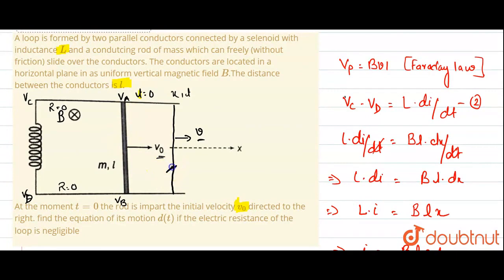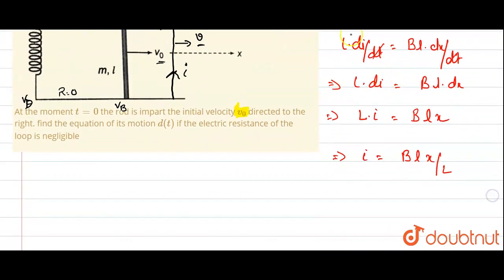Now class, just see this question. When a current i starts to flow in this rod, then a restoring magnetic force acts on this rod in the opposite direction. So that restoring magnetic force F will be iLB.